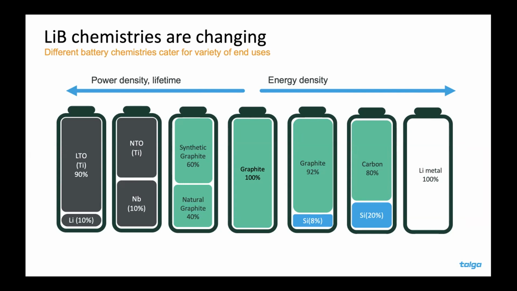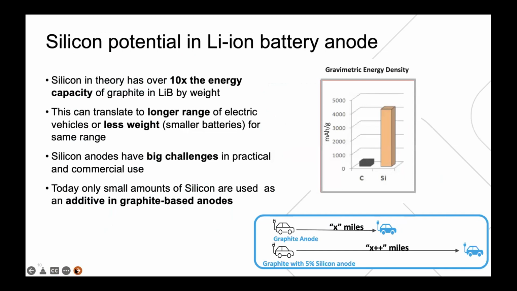Silicon is something that is mixed as a small part of the graphite in the anode. And already on the market, we have batteries containing a small percentage of silicon. This is likely to increase in the future years and decades. So this is an opening for what we are talking about today. There is an enormous battery market worldwide and in Europe. Graphite plays the leading role for the anode itself, but that anode is slowly starting to change.